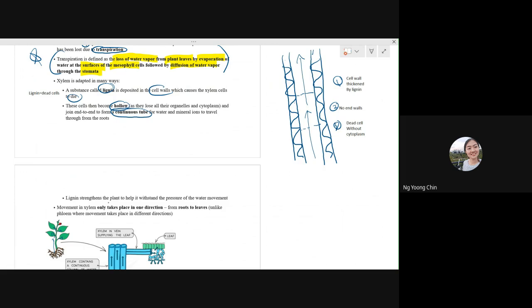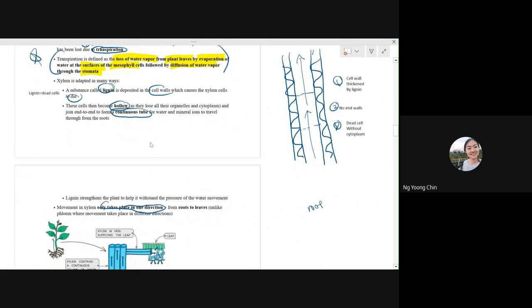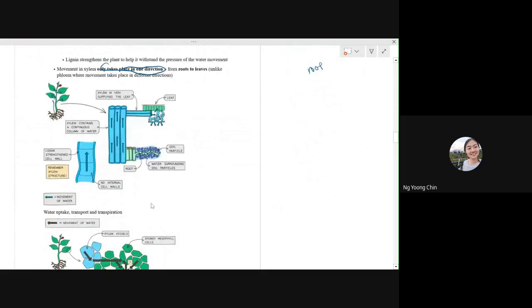That means the water will always flow from root to leaf, in the upward direction like this, from the root part to the leaf part. Okay, so I think that's all.